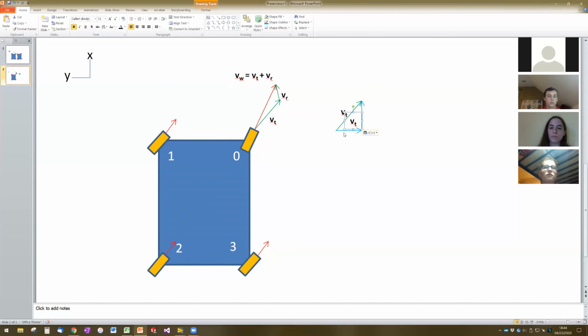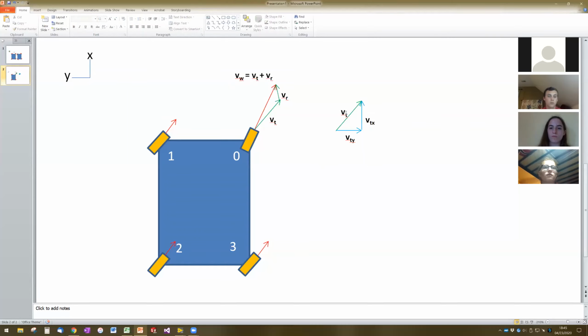So this is the velocity translation Y component, and this one is the velocity translation X component.